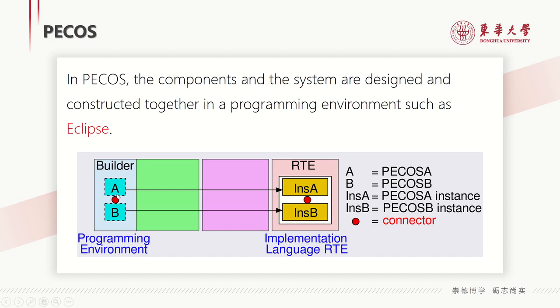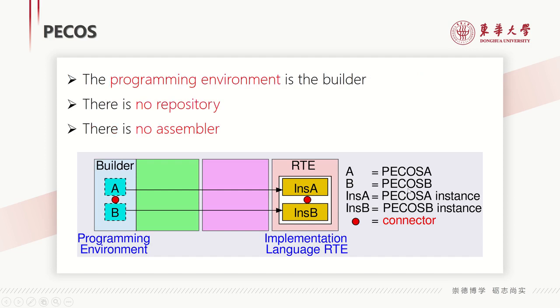Here we have components A and B in the builder, and the system A composes B. There is no repository and no assembler; what we design here is sent directly to the runtime environment, the implementation language runtime environment. Instance A is a PECOS A instance, instance B is a PECOS B instance, and finally we have a connector. So the programming environment is the builder, and there is no repository and no assembler; everything goes straight into the runtime environment.